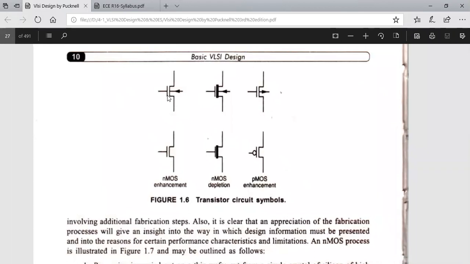Generally, it will be like this. This is NMOS, right? So this is drain. This is source. This is gate. Okay.